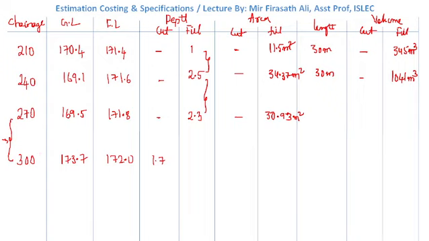Here it is in between 270 and 300 stations. So, by the method of similar triangles, we need to find out at what exact point, by introducing one more station. Let us call that station X. We need to determine the exact length at which this cutting and filling profile match each other.